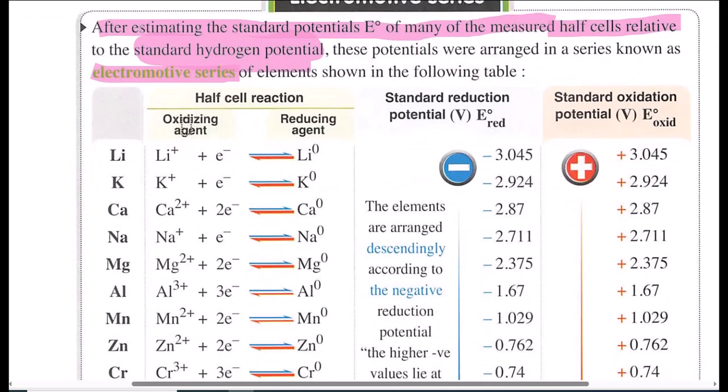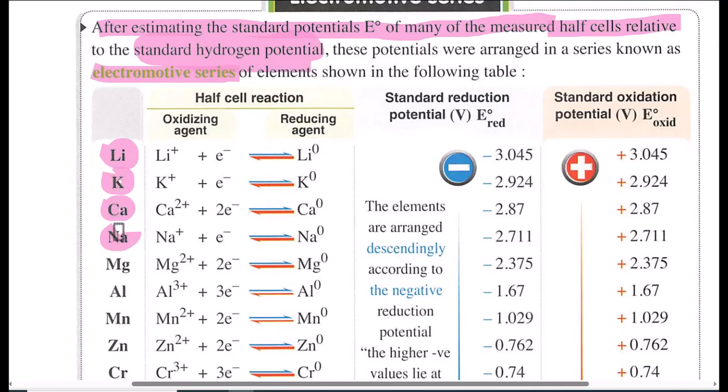Its concept is very important in chemistry. It is the arrangement of elements descendingly according to their activity. This means the higher elements are the more active elements. Lithium is more active than potassium, and potassium is more active than calcium.